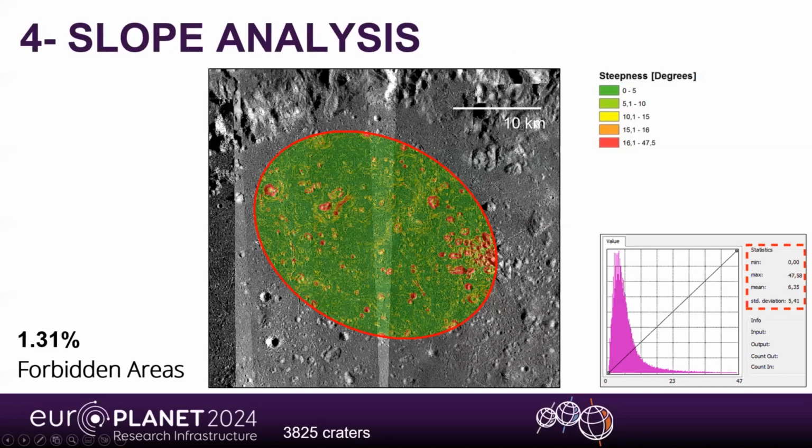Then we made an estimation of how much of the entire area is forbidden for rover trafficability, and the result was 1.3 percent more or less.